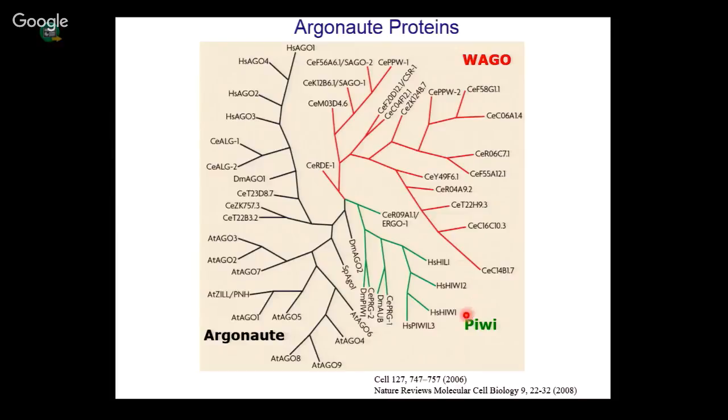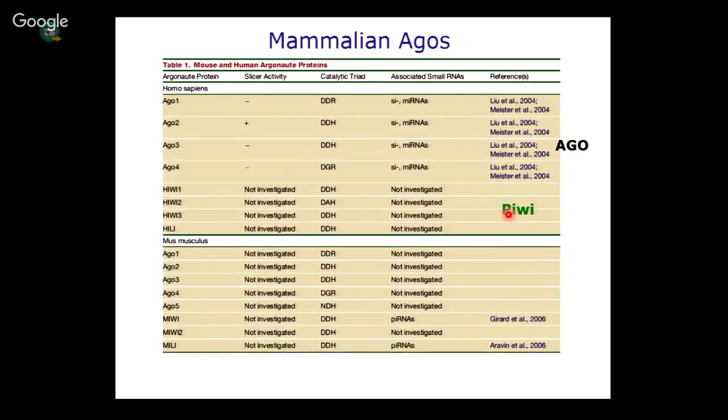So this is just a very simple phylogenetic tree of Argonaute proteins. Here, black is the Argonaute family, and the green is the PIWI. And all these red lines show the WAGOs. So, meaning that those Argonautes have high similarity, and PIWI, and they can be classified into 3 clades.